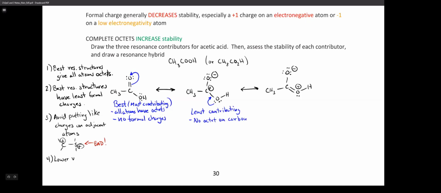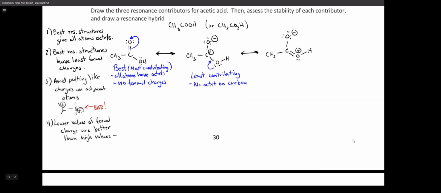Lower values of formal charge are better than higher values. So in other words, and also specifically, you should only have +1 or -1 on period 2 atoms.